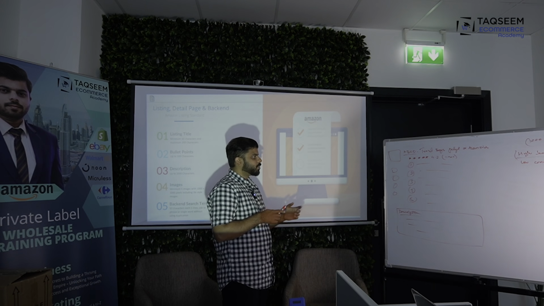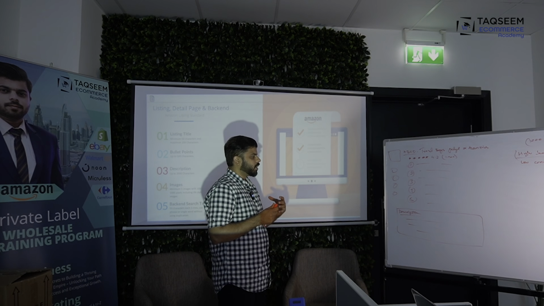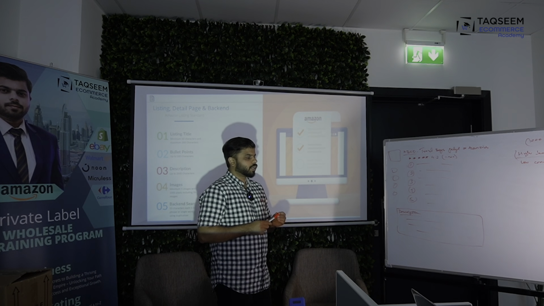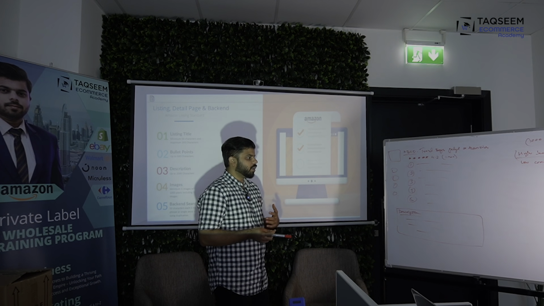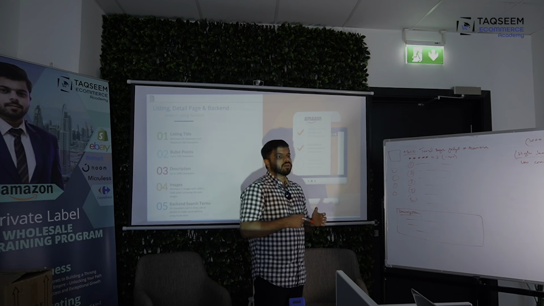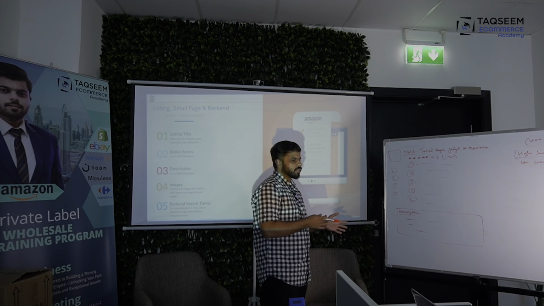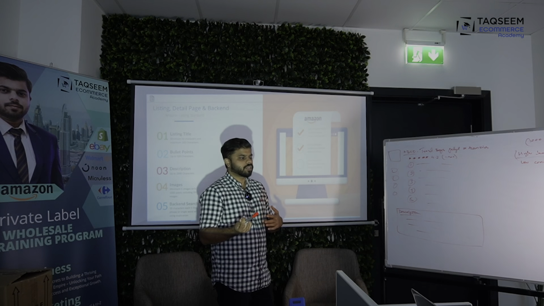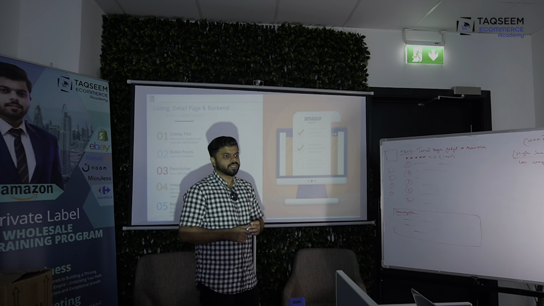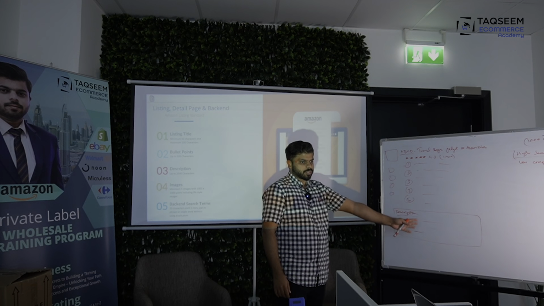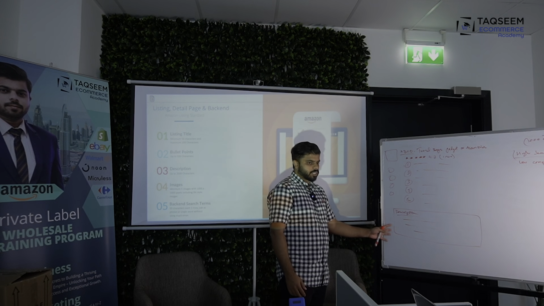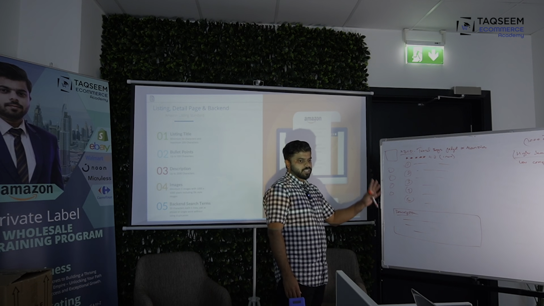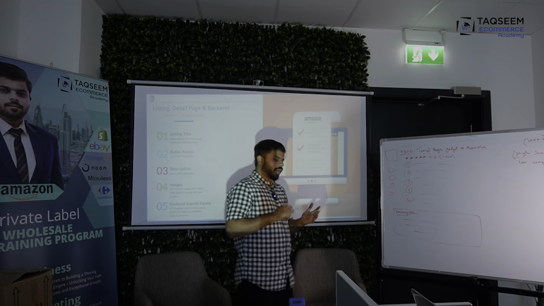In electronics there are many things related to safety, how to use the product, for whom this product is recommended and for whom it is not, and which models it is compatible with. For some models it is not compatible. This information we can't cover in the bullet points, unfortunately, so Amazon gives the description, where we can cover everything. So this is basically the basic idea of how we rank our product.